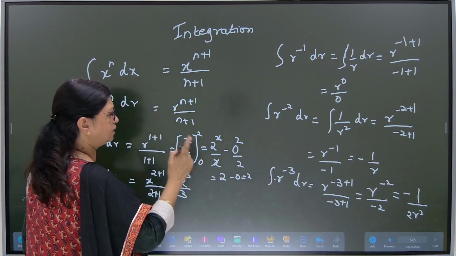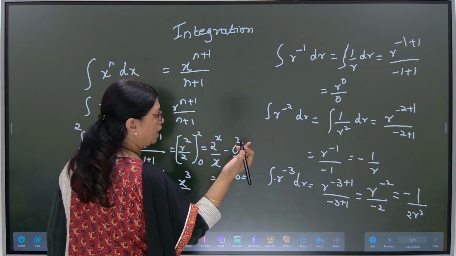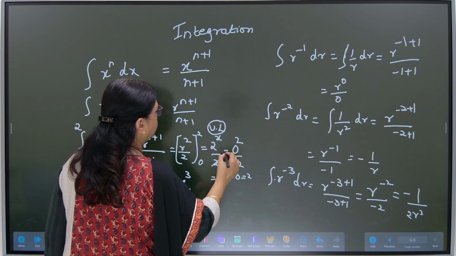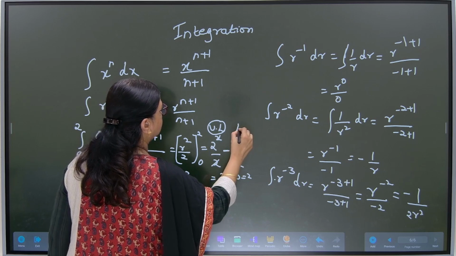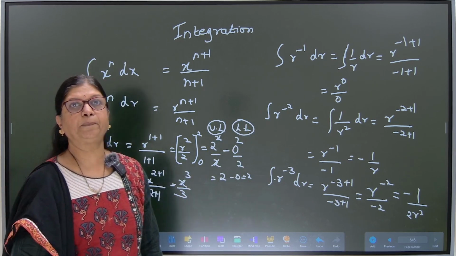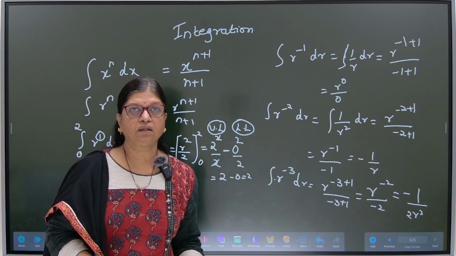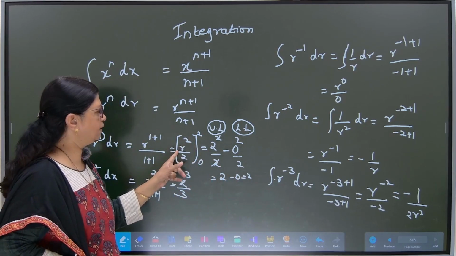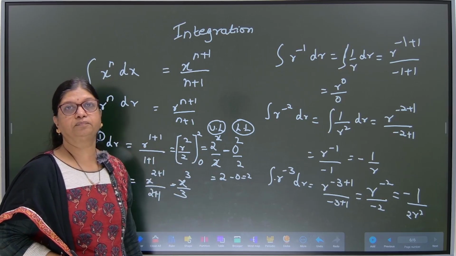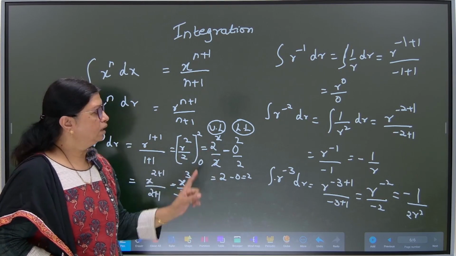How should I apply this? One example only I have given you. How should I apply the limit? Upper limit minus lower limit. What should I do in applying the upper limit? Just put the upper limit in the place of variable. I have put 2 in the place of r. Solved it.